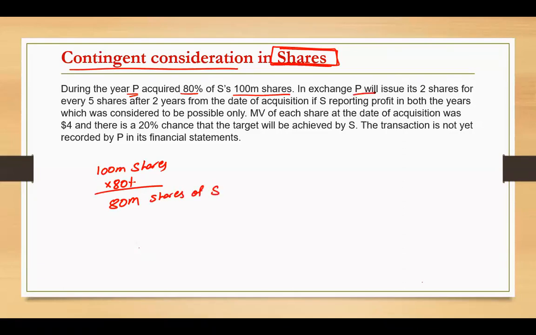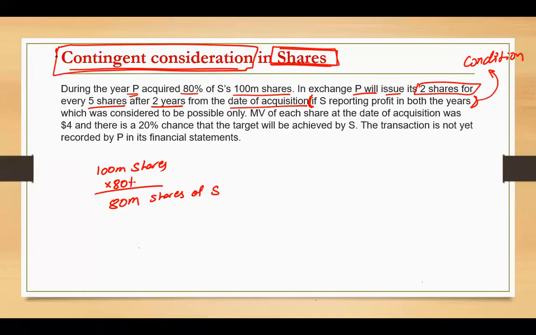In exchange, parent will issue 2 shares for every 5 after 2 years from the date of acquisition if subsidiary made profit in both the years. So this is the condition which makes it a conditional consideration, which means a contingent consideration.